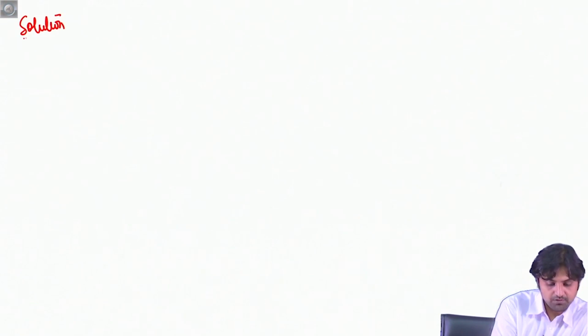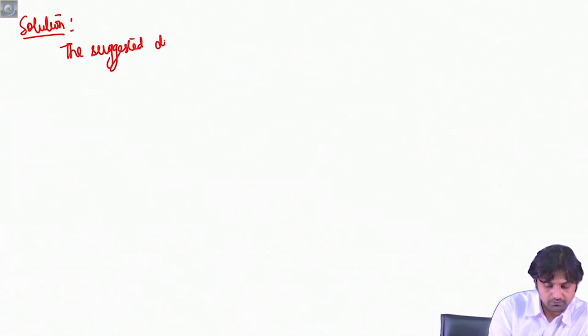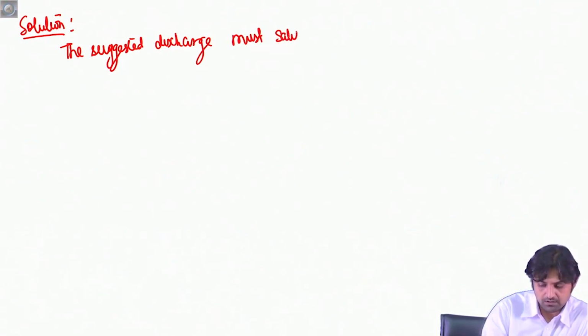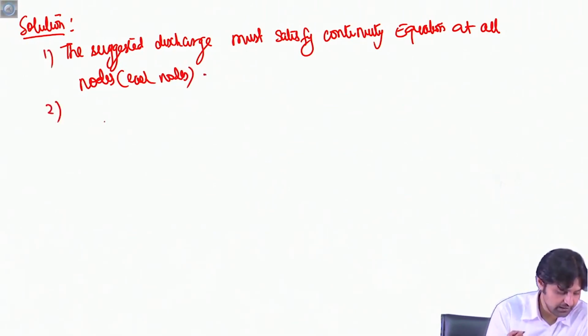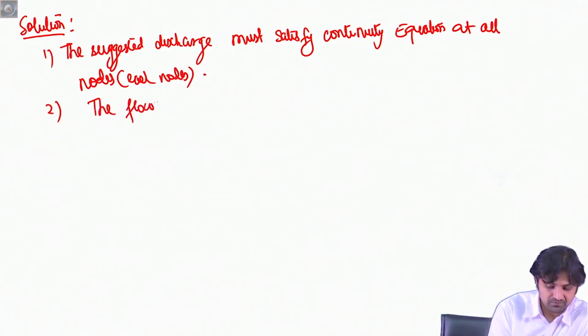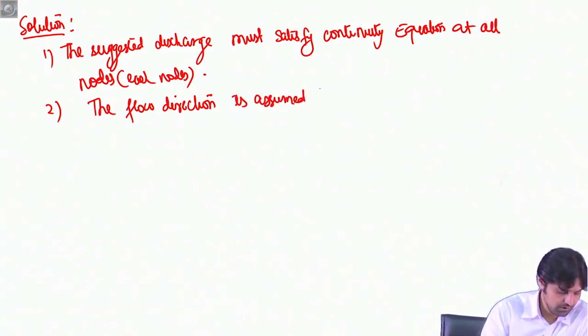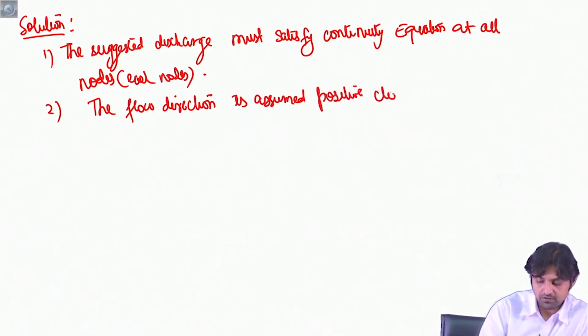So the solution for this type of question is, first, the suggested discharge must satisfy the continuity equation at each node. Second, the flow direction is assumed positive clockwise.